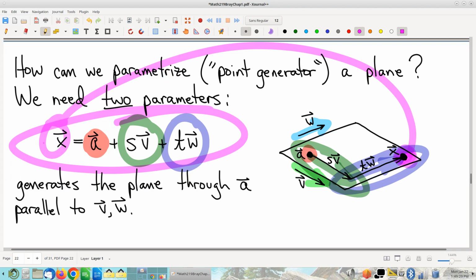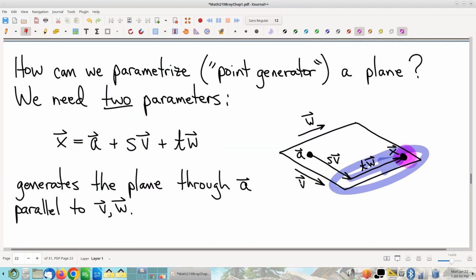This will produce a point in the plane, and furthermore, every point in that plane can be reached by some appropriate choices of S and T. So this generates the entire plane. It's a lot like a parametric line, you'll notice. Just kind of two-dimensional, and therefore two direction vectors, and therefore two parameters, S and T.